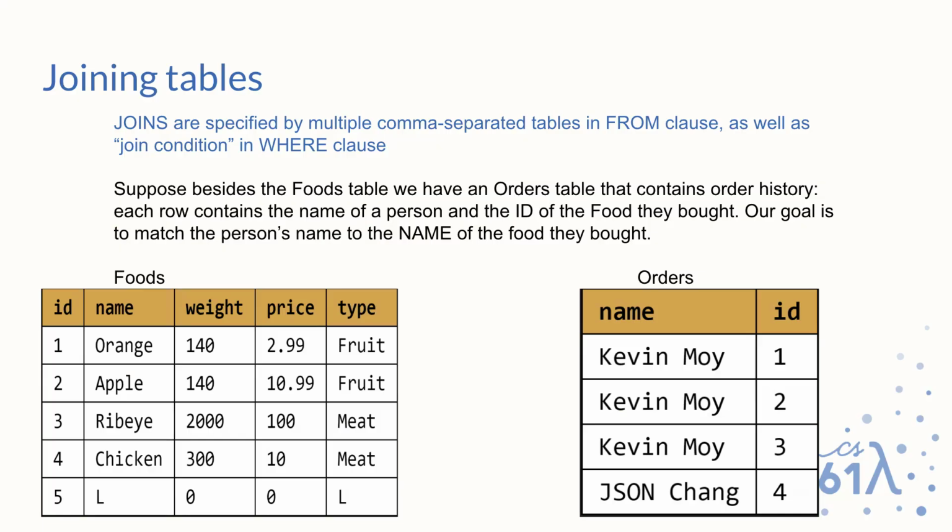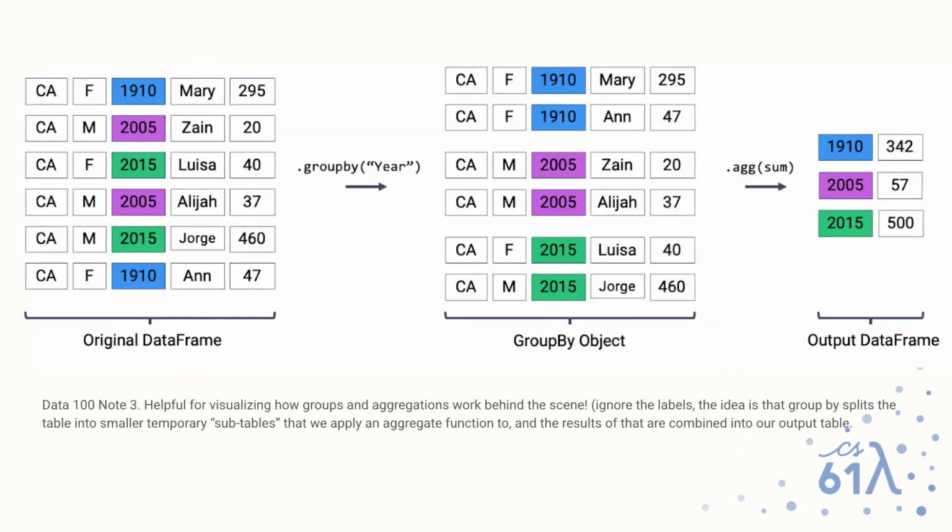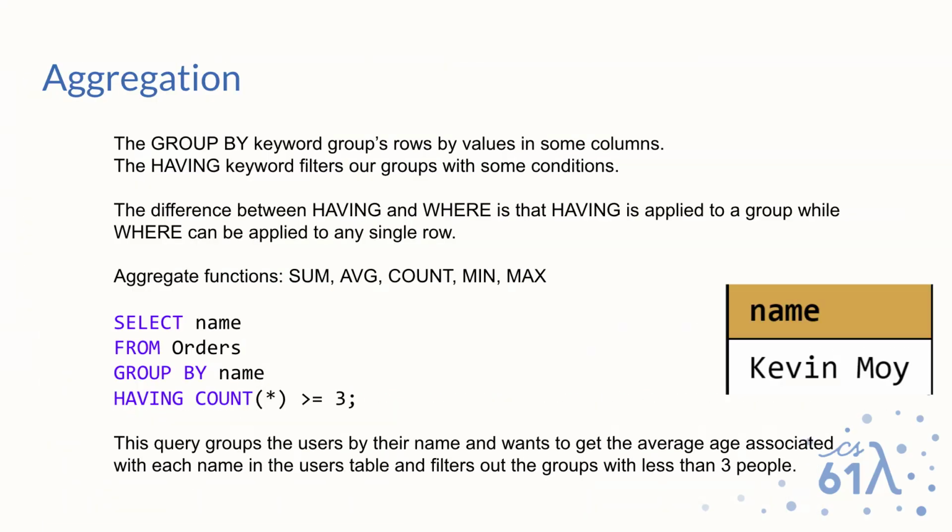Okay, and then this HAVING condition is checking, in each specific group's own table, whether this condition is met or not. This asterisk just means all the rows, and COUNT of asterisk just means how many rows this table has.